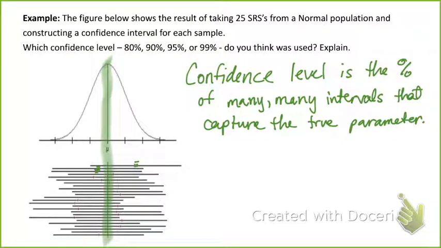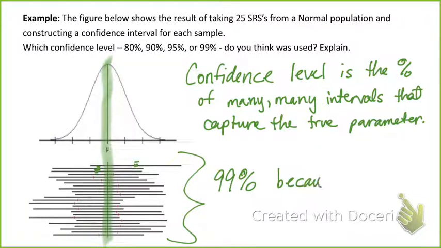So what Kaylee's noticing here is that they all go through the parameter. So there's not, but 100% wasn't an option. So 99. Okay. So we're going to go with 99%.